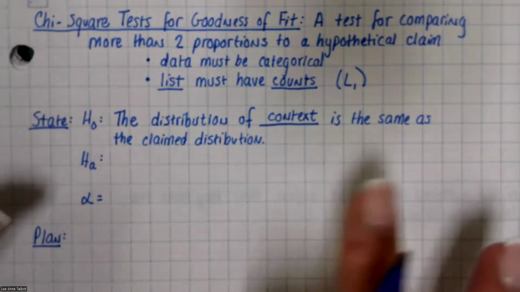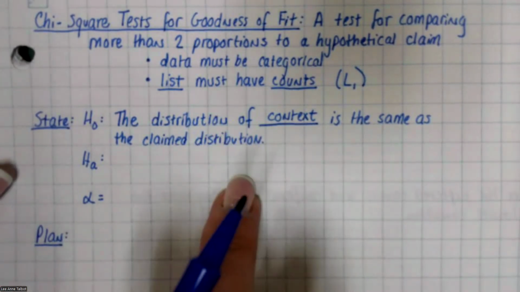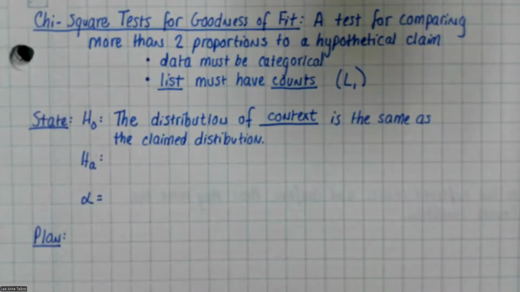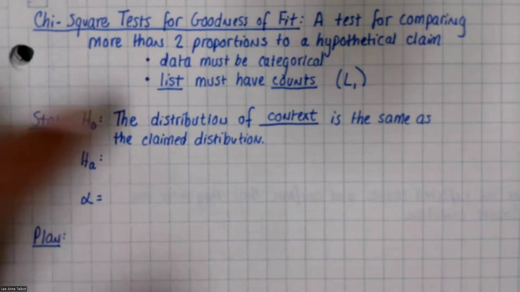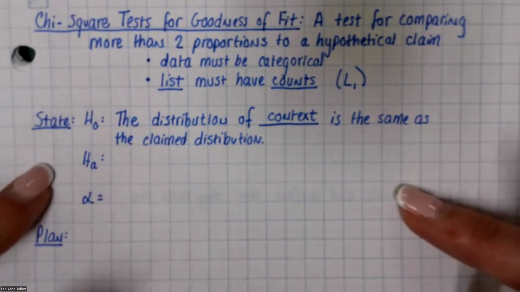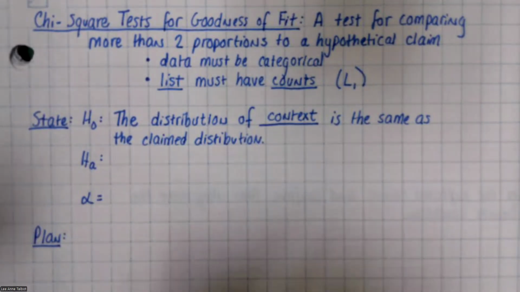Okay, now knowing what you know about the Ho and the Ha, what do you think the Ha is in this case? There's a 2-word difference from the Ho. Okay, different. It's actually a 3-word difference. Is different from. So you're just gonna say the same, and then you're gonna say it's different. That's it.